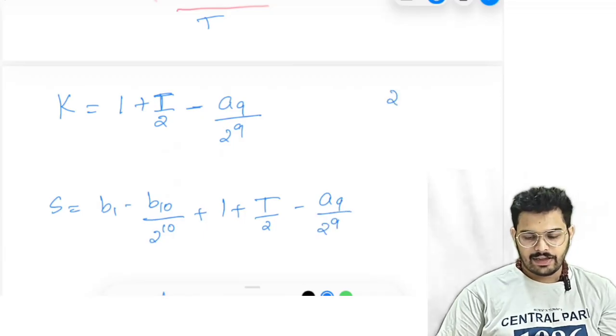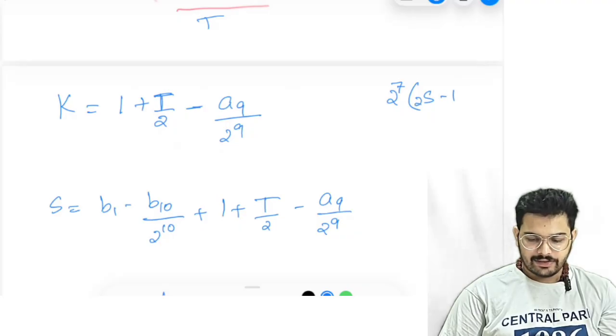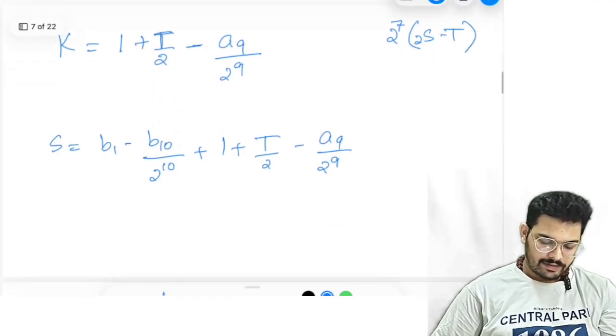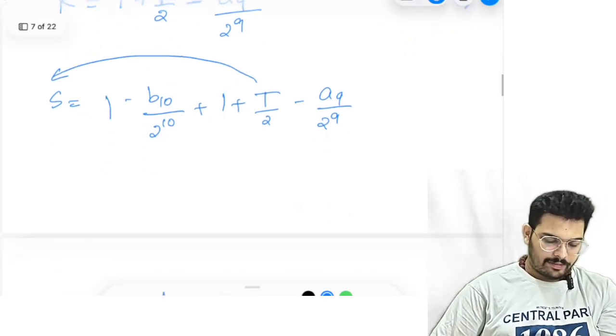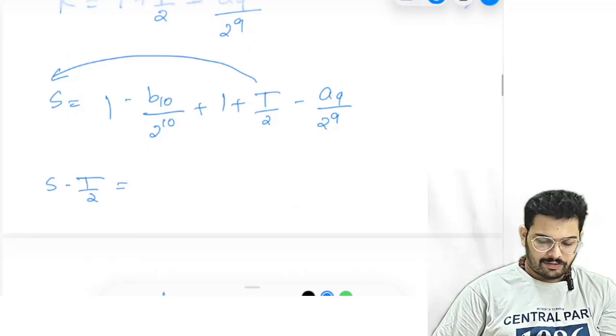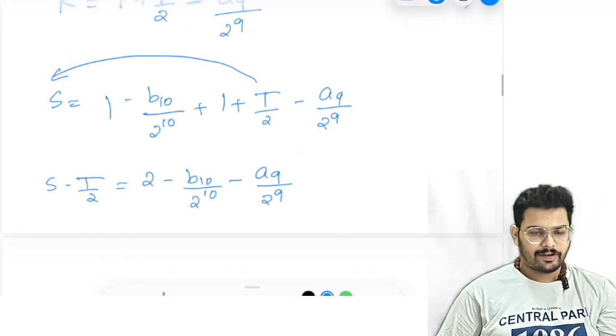Now in the question they have asked us to find 2 raised to 7 into 2s minus t. So we need 2s minus t. Therefore we will be bringing this term over here, and b1 value we can directly write as 1. Therefore, this will become s minus t by 2 equals 2 minus b10 divided by 2 raised to 10 minus a9 divided by 2 raised to 9.